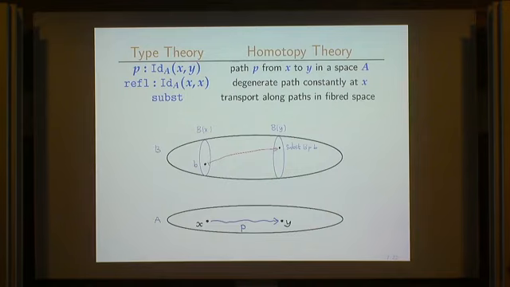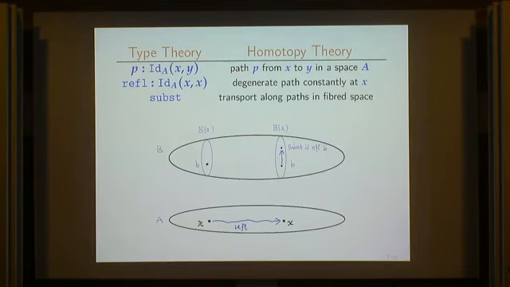If I have a proof that x equals y, and I have a property b of x, then I can use that data to get a proof of b of y by transporting from x to y along the proof p. Okay, and that's going to correspond in the world of homotopy theory to having transport functions between fibres. So that's a familiar concept on the right-hand side, and corresponding to something in the type theory.